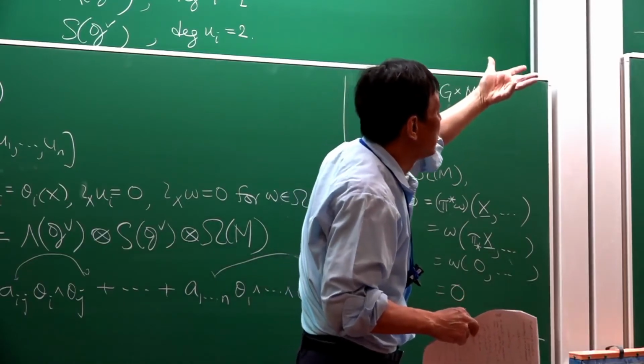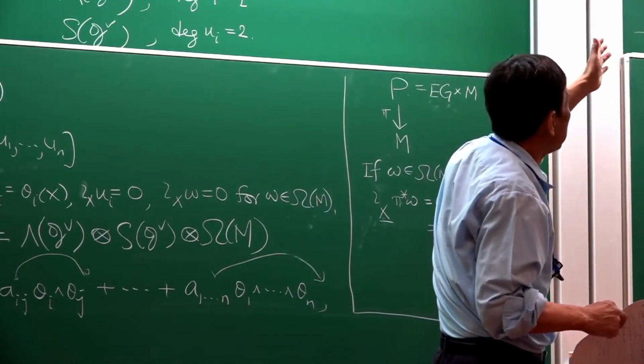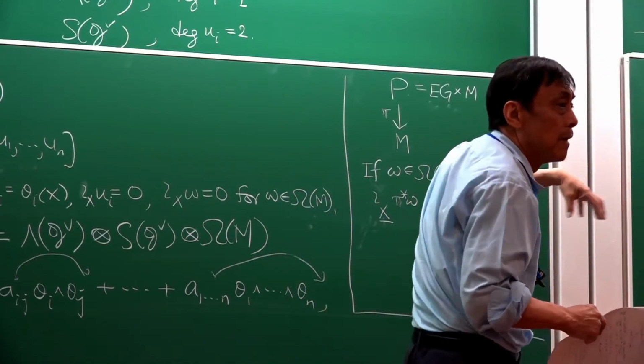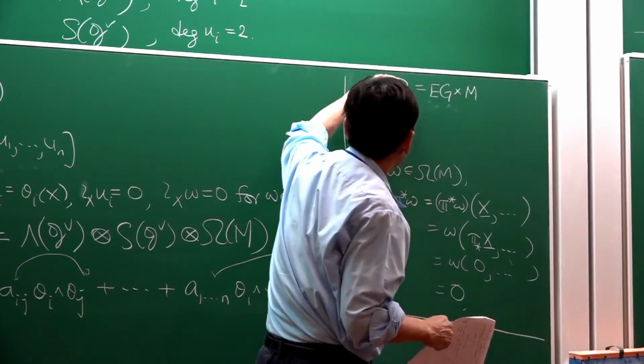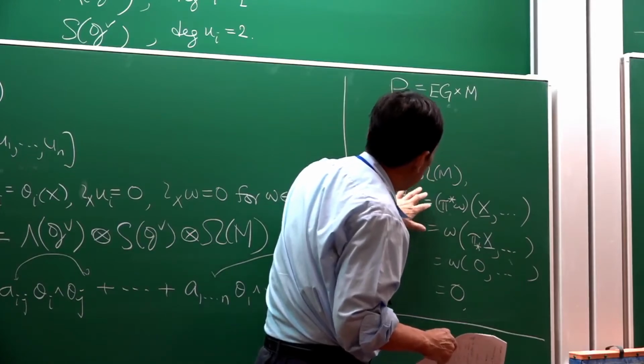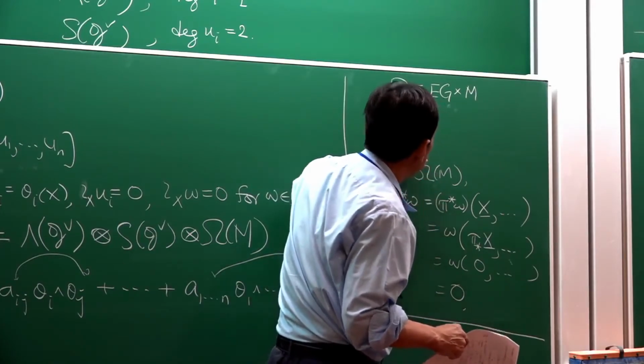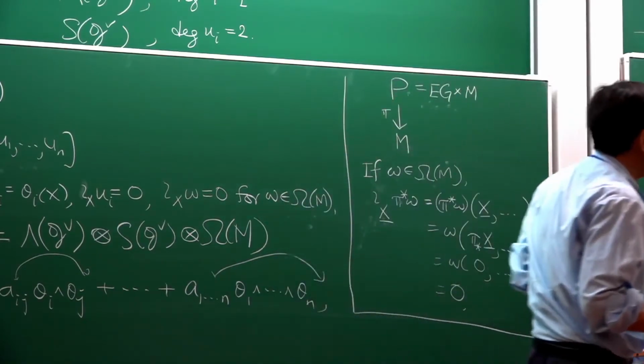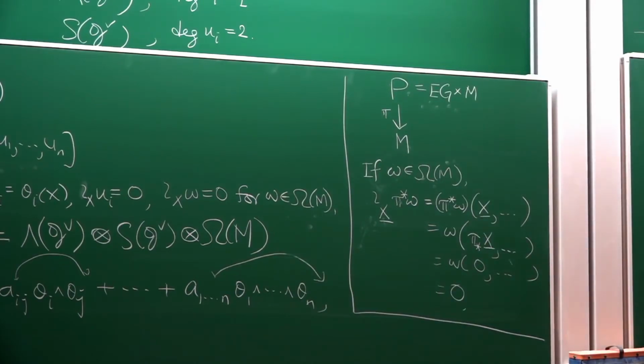To say that it's basic means that it comes from the base. So this omega already comes from the base. So Ix of anything that comes from the base should be 0. All right?